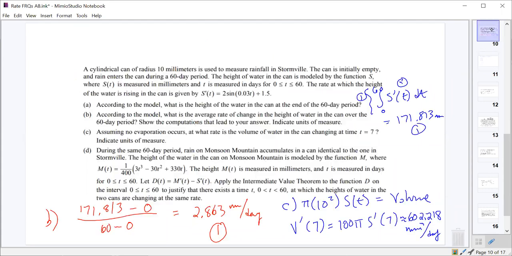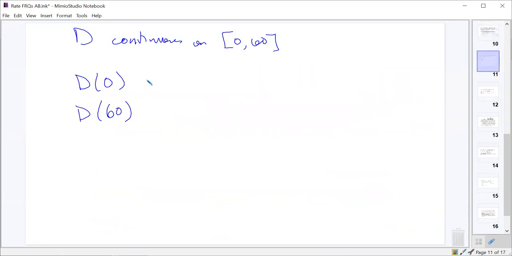D of 0 we should be able to find because we can just plug in the derivative of this at 0 and then subtract this at 0. Right, so D of 0 is M prime of 0 minus S prime of 0, just from your calculator. That comes out to be negative 0.675.